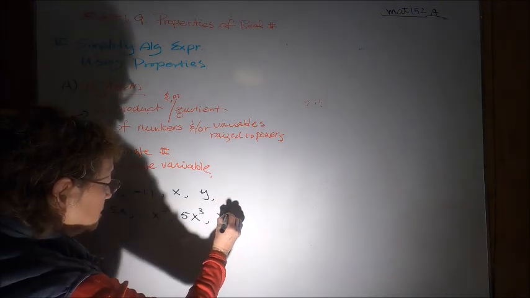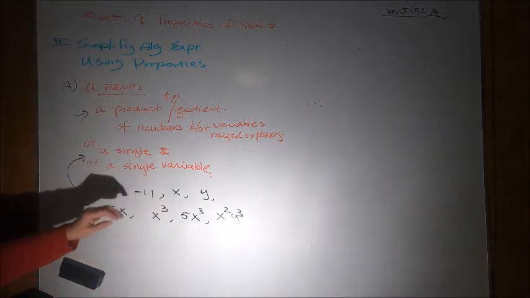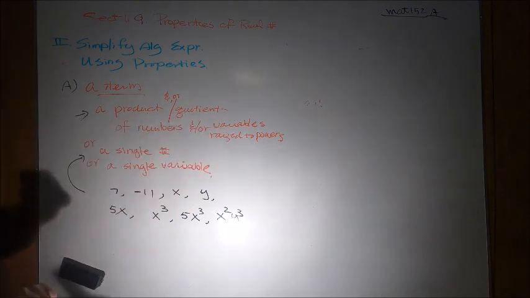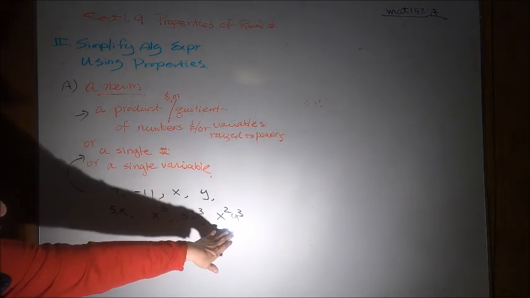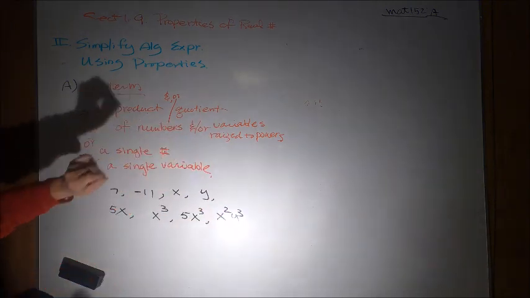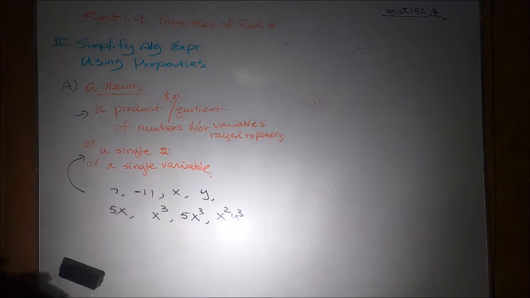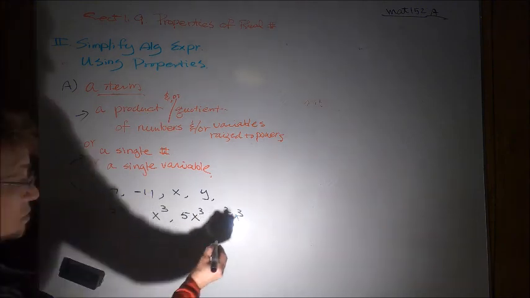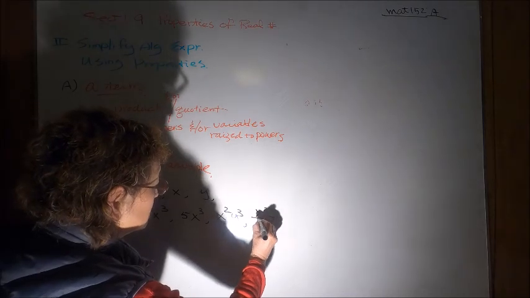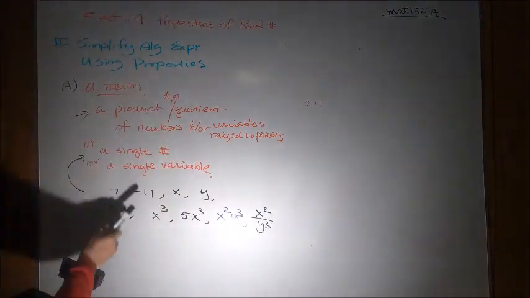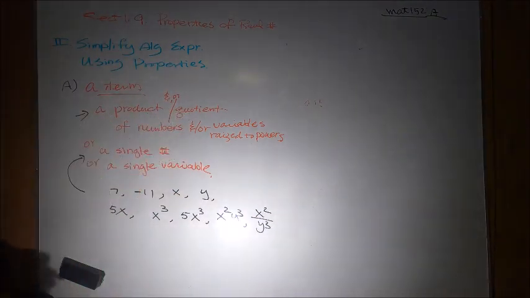Or I can have, okay, a bunch of variables, right? Raised to powers. Then I do the product. It's still a term, right? Or I can say, okay, by dividing them, which is a quotient, is still a term. But what kind of things is not just a term?